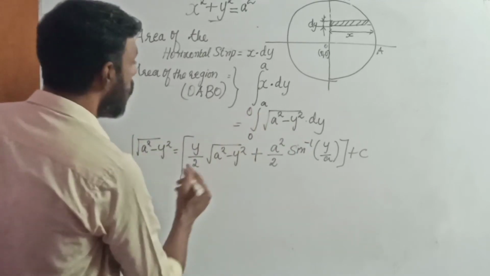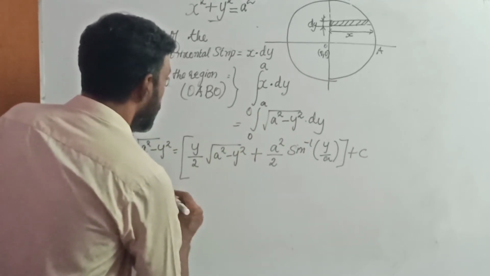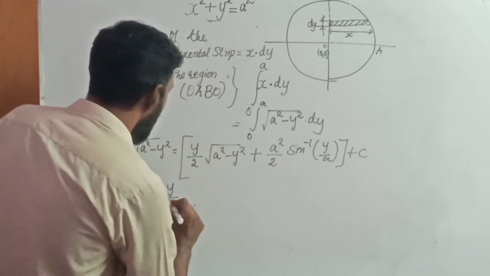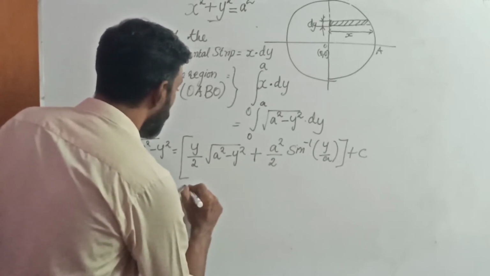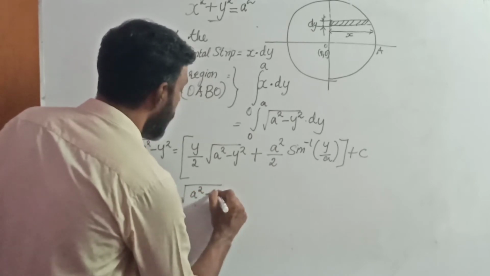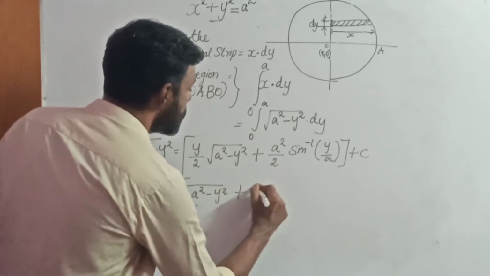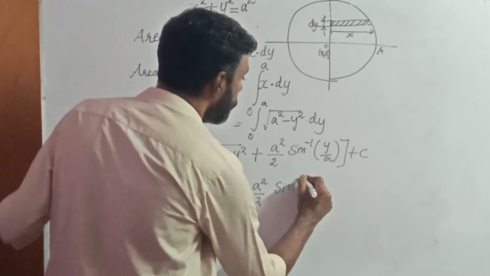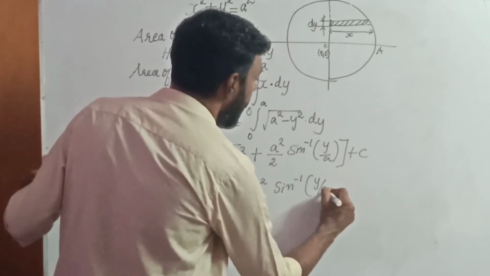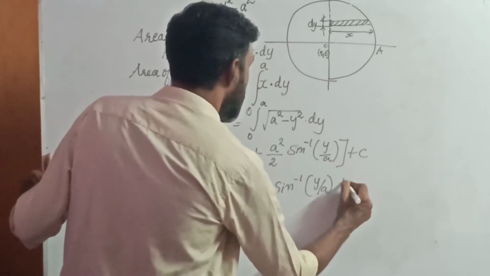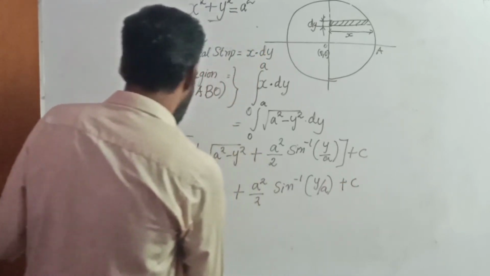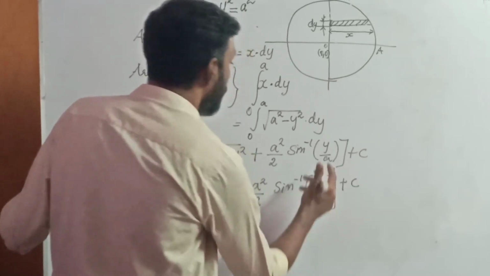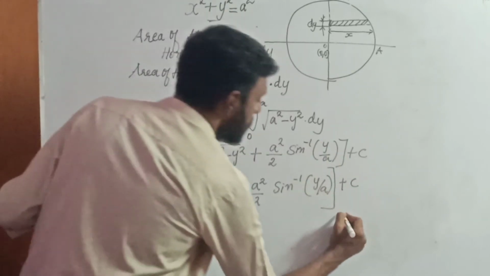So if I use this formula, it will be y divided by 2 into root of a squared minus y squared plus a squared divided by 2 into sine inverse of y divided by a plus c, and I'm going to fix the limits 0 to a.